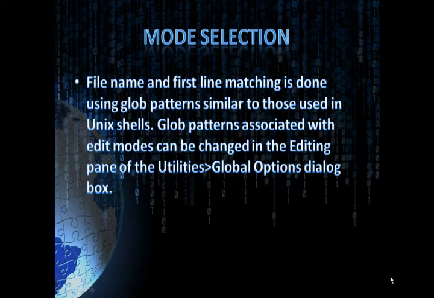File name and first line matching is done using glob patterns similar to those used in Unix shells. Glob patterns associated with edit modes can be changed in the editing pane of the Utilities Global Options dialog box.